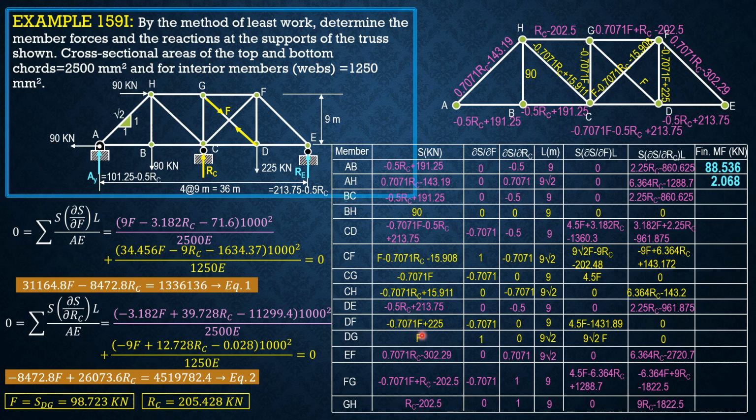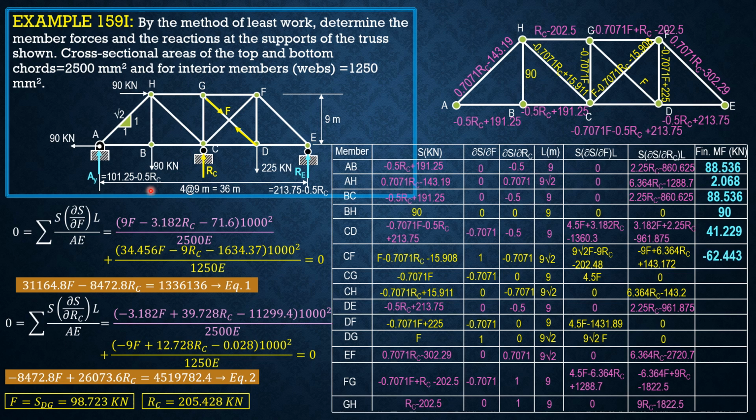For DF, 155.193. For DG, 98.723. For EF, negative 157.032. For FG, negative 66.879. And lastly, for GH, 2.928.